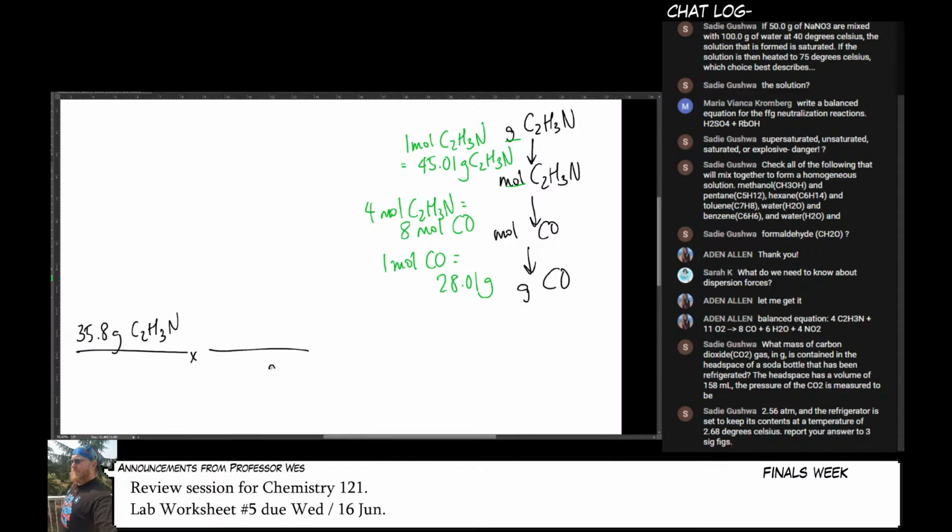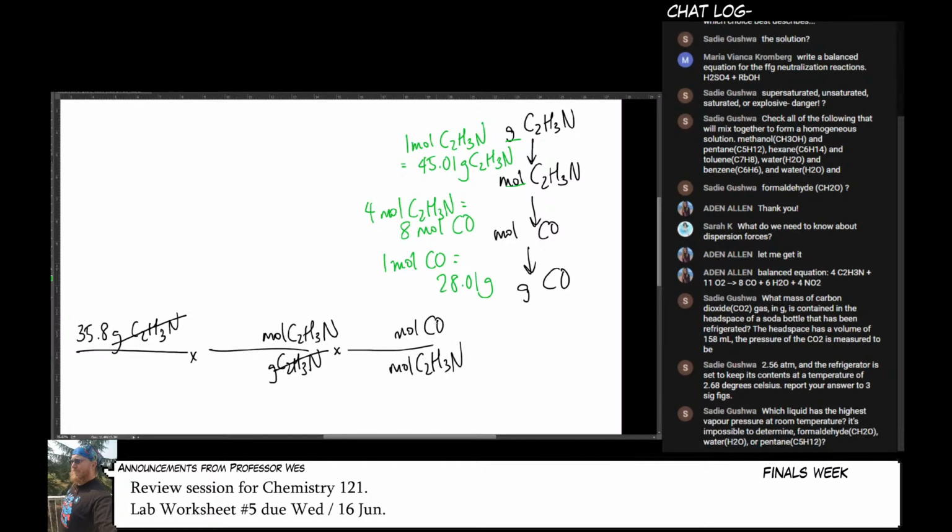So we'll turn grams of this into moles of this. And then we'll turn moles of C2H3N into moles of carbon monoxide. And then we'll turn moles of carbon monoxide into grams of carbon monoxide.